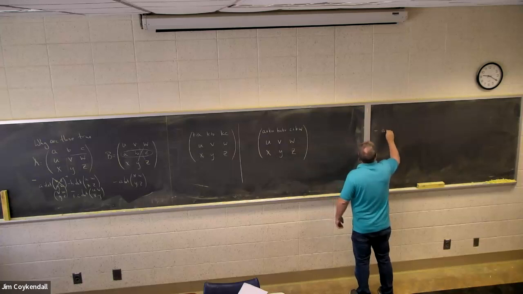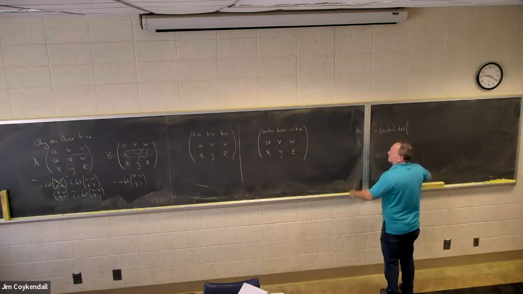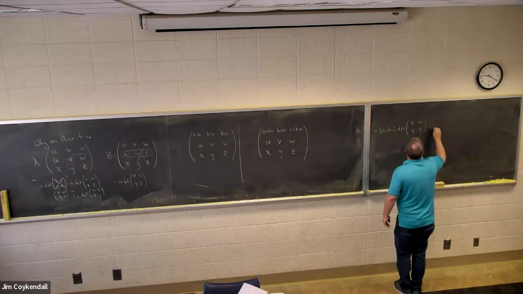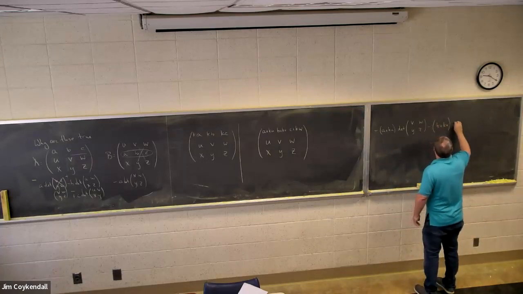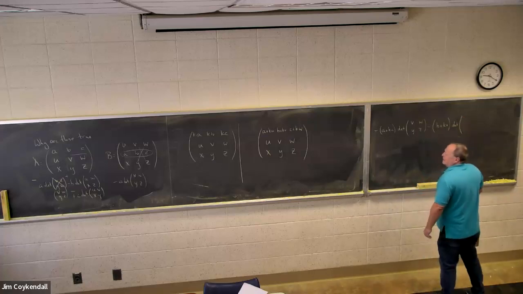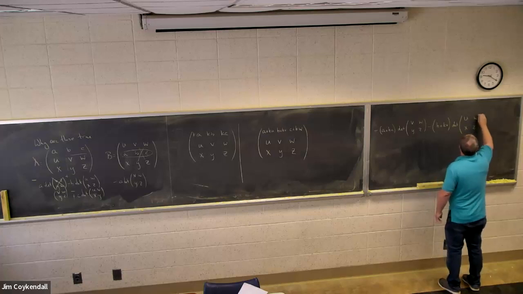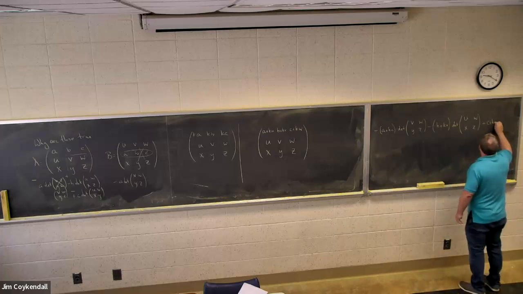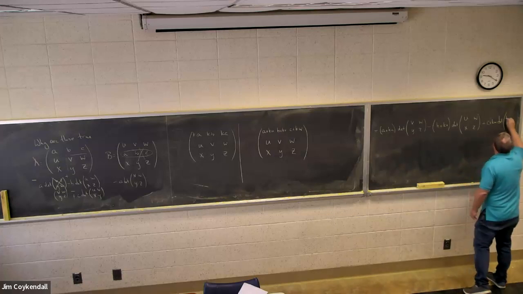This is A plus KU times the determinant of U, VW, minus B plus KV times the determinant of UW XC, plus C plus KW times the determinant of the last bit, which is UV XY.